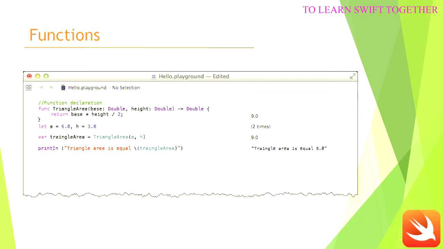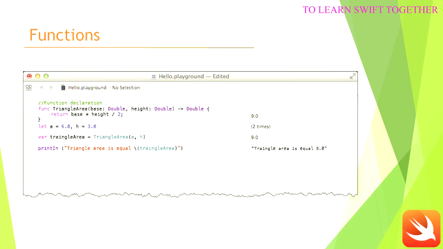In this case, the calculation is simple enough to execute it and return the result in the same line without using any other local variables. For values where a equals 6 and h equals 3, the area of our triangle equals 9, and this is the value we see on the screen.